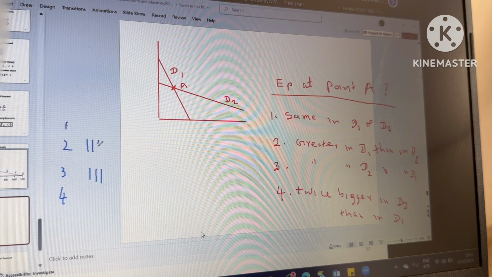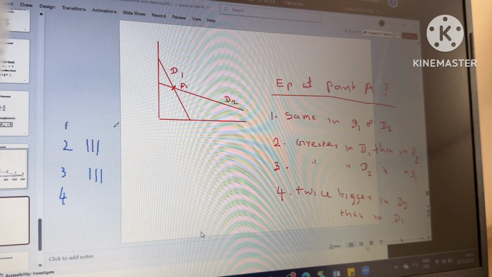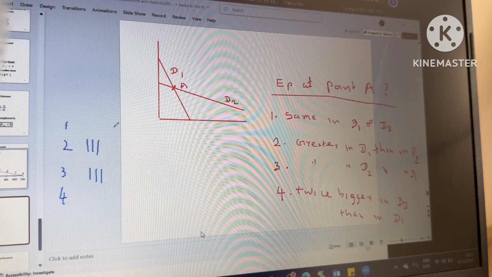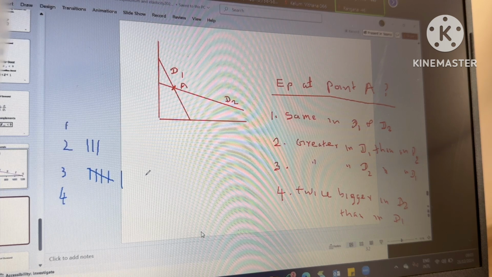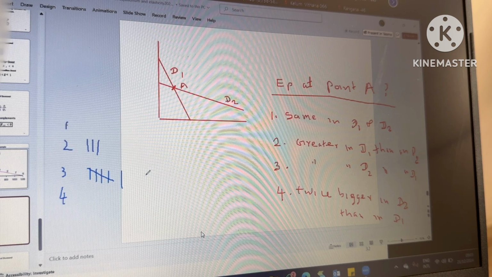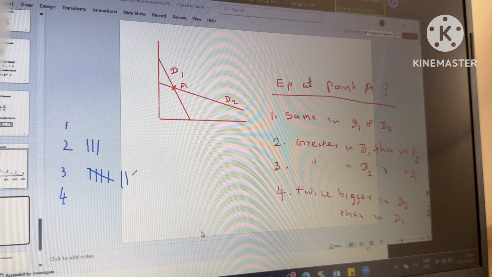Yeah, now it's very much a tough competition. Number 3. Now 3 is well ahead.